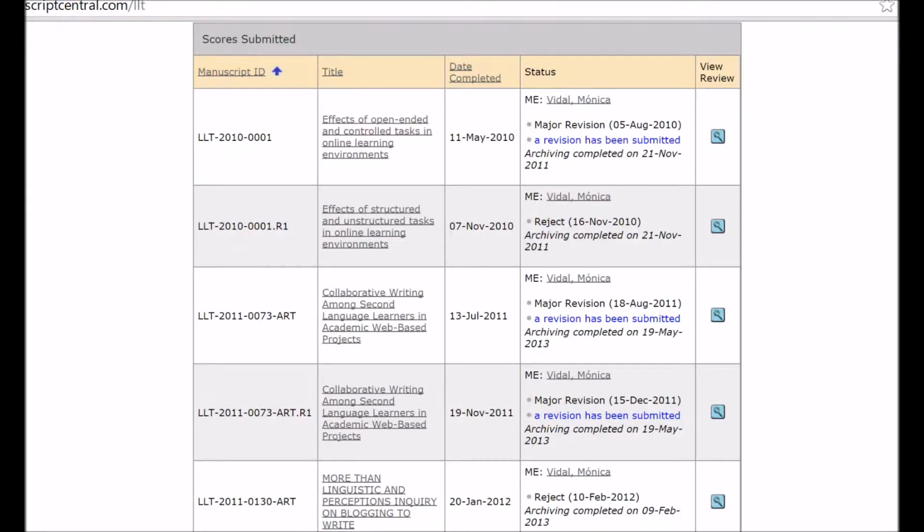So this is just a history of what I've reviewed for another journal, Language Learning and Technology. This just tells me, this is only for me, what articles I've reviewed in the last 4 or 5 years, and what the result was.